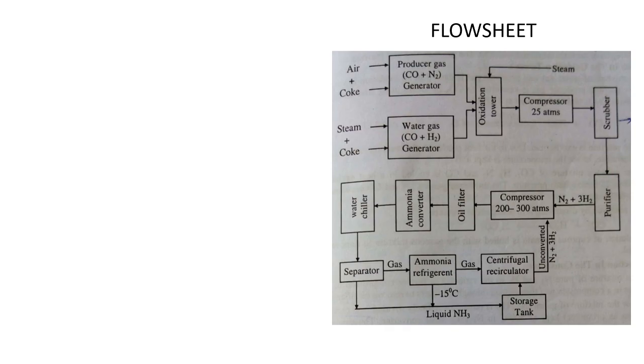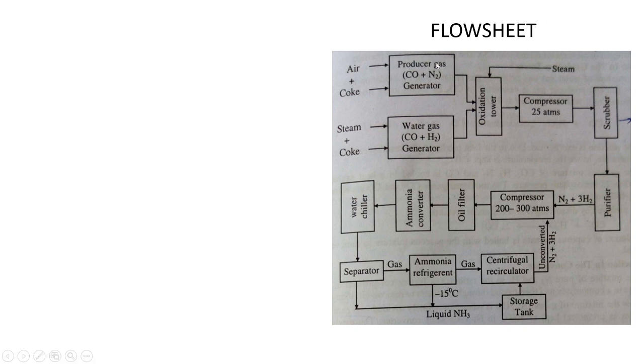And for this process, the flow sheet is like this. Here you can see air and coke are two different sources, raw material. Air and coke mixture produces producer gas, whereas steam and coke produces water gas, as discussed in our last slide.